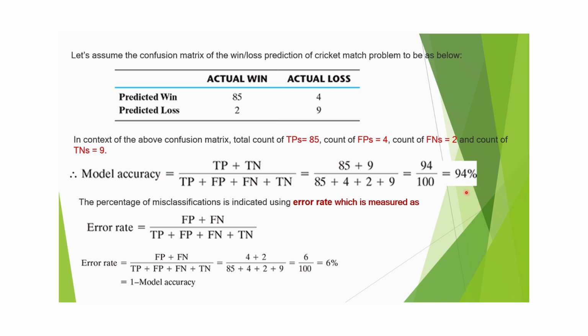Similarly, we can also calculate the error rate, which is the percentage of misclassifications, by using the formula FP plus FN, that is the total number of incorrect predictions divided by the total number of predictions. So here in this example we are getting an error rate of 6%, which is equal to 1 minus model accuracy, or in percentage terms it is 100 minus model accuracy.